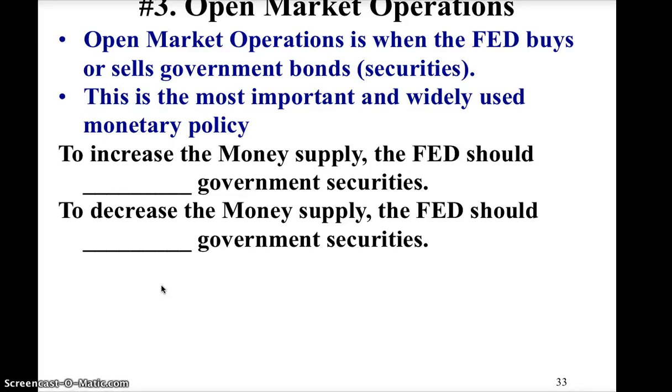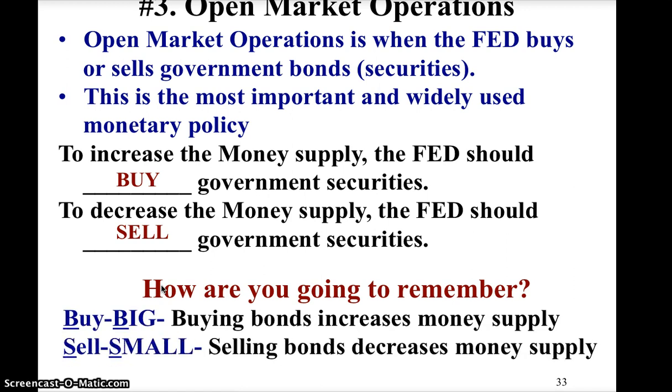Okay, if they want to decrease the money supply, the Fed should sell government bonds, because what they are doing in essence is taking the cash out of the economy and replacing it with a piece of paper. Now, can you go to the store and purchase groceries with that piece of paper? No. Can you buy new cars with that piece of paper? No. So you are in fact decreasing the money supply if you are selling government securities.